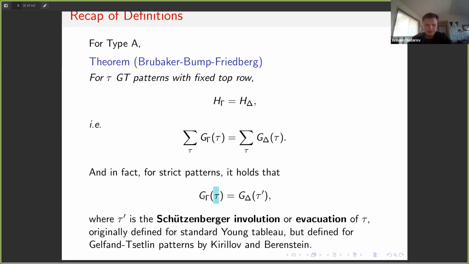For a given tau, there exists a tau prime which has the same g gamma, and the g delta of tau is equal to the g gamma of tau prime. That tau prime is just what's called the Schützenberger involution, or the evacuation of tau. That was originally defined for standard Young tableaux, but then defined for Gelfand-Tsetlin patterns by Kirillov and Berenstein.